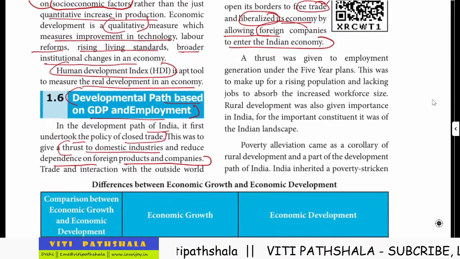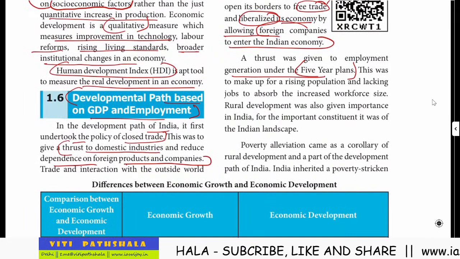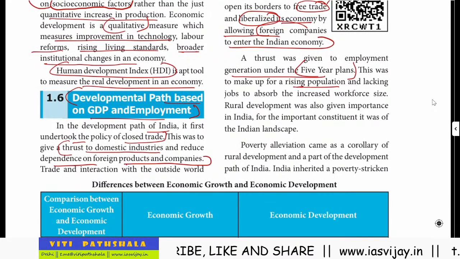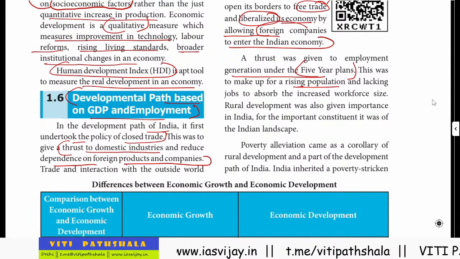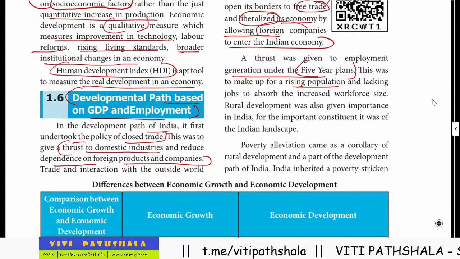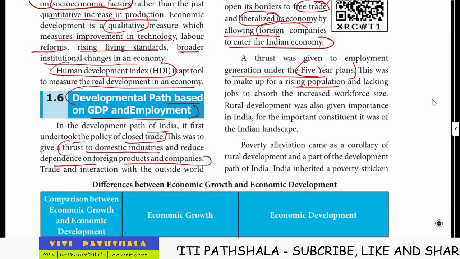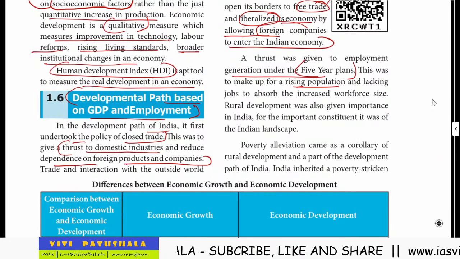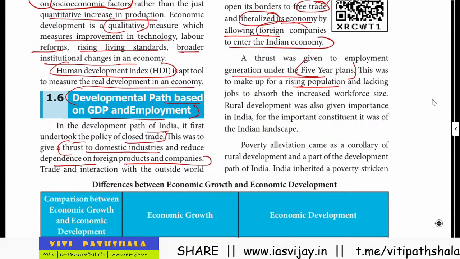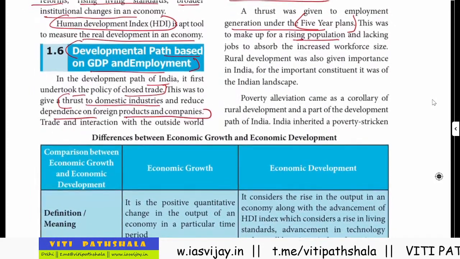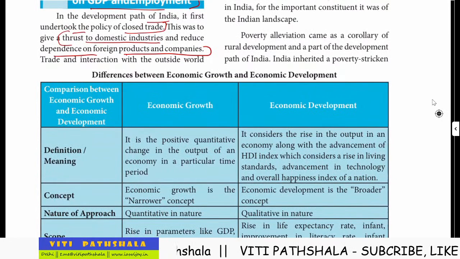A thrust was given to the employment generation under the 5-year plans. This was to make up for the rising population and the lacking jobs to absorb the increased workforce size. Rural development was also given importance in India, as an important constituent of the Indian landscape. Poverty alleviation came as a corollary of the rural development and a part of the development path of India.